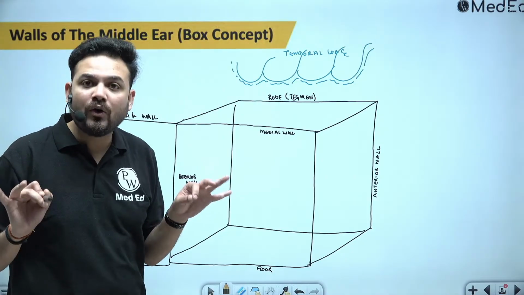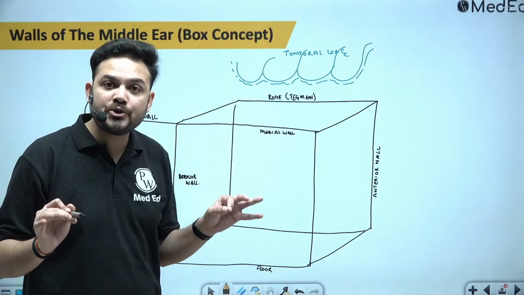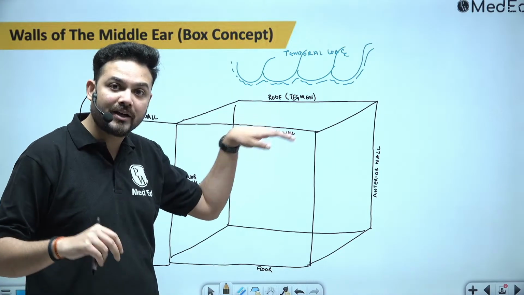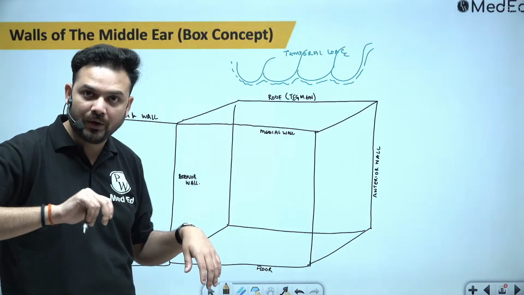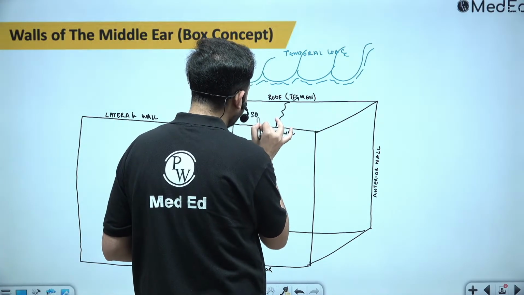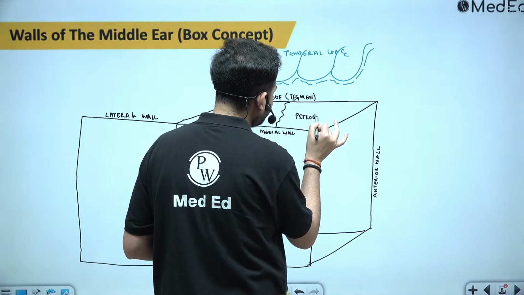Now the roof of the middle ear is formed by contributions of two parts of the temporal bone. One is the squamous part of the temporal bone, and the other is the petrous part of the temporal bone.